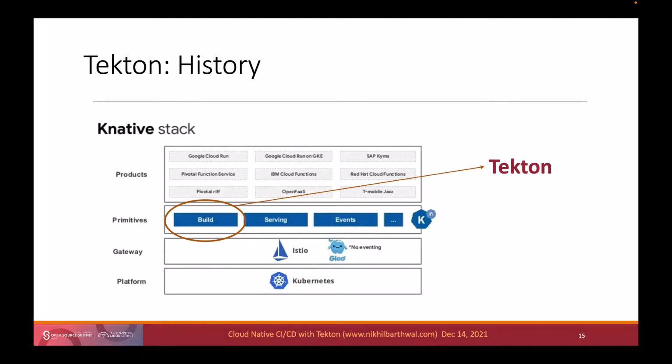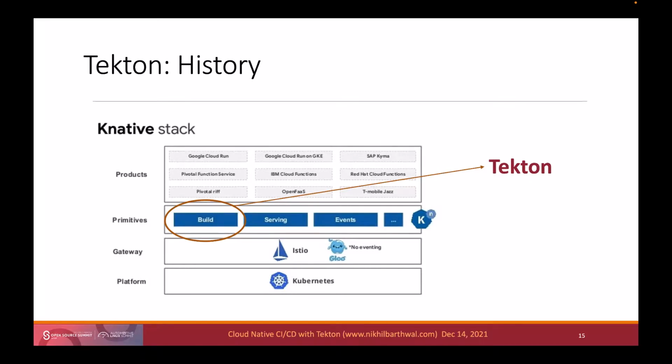And Knative build became so popular because there wasn't any good solution for cloud native CI/CD that people started using Knative build as their cloud native CI/CD tool. When it was observed that build is a very popular project, it was decided that build should be taken out of Knative and made a project of its own.